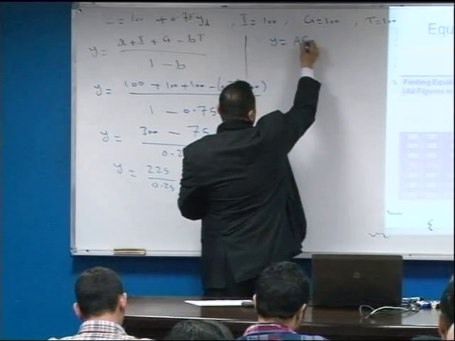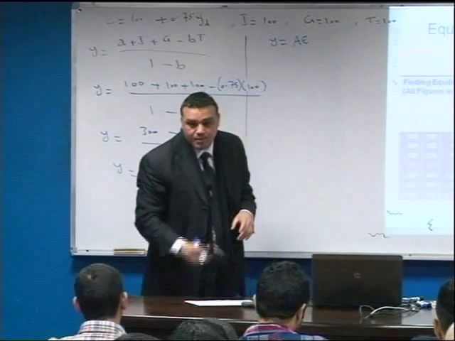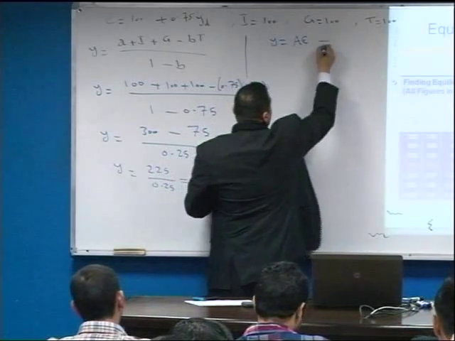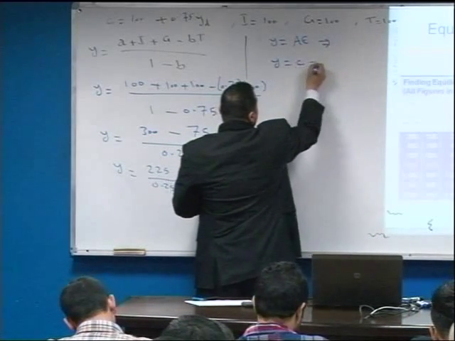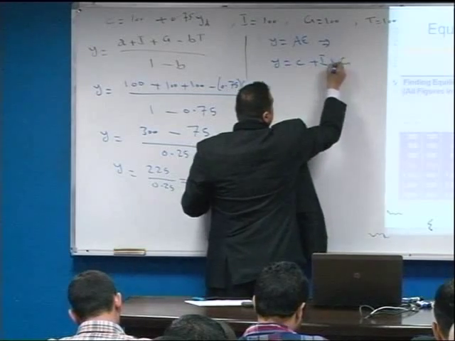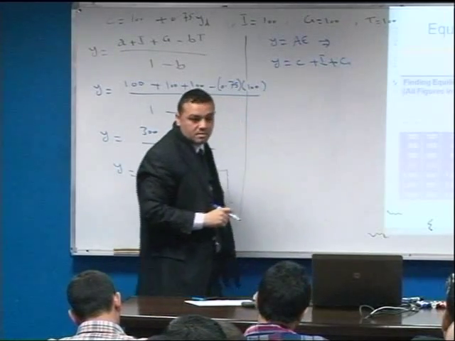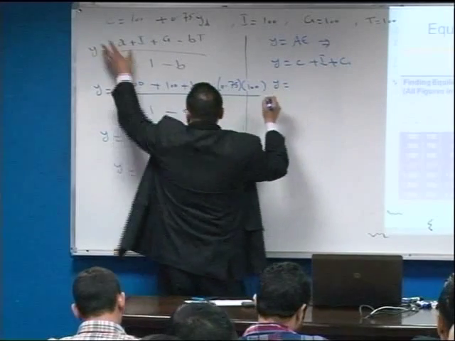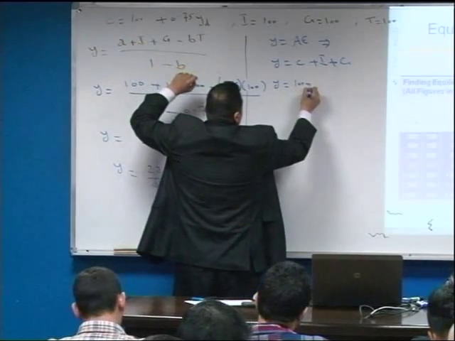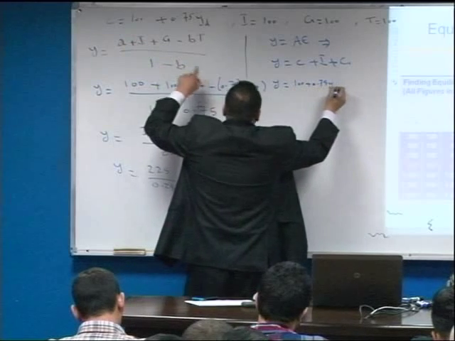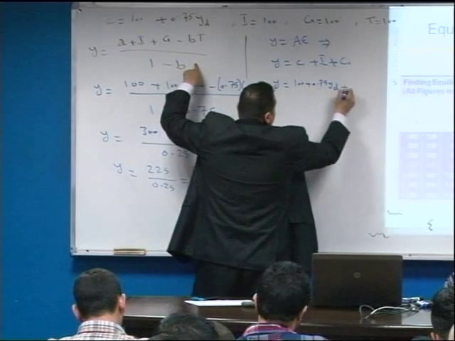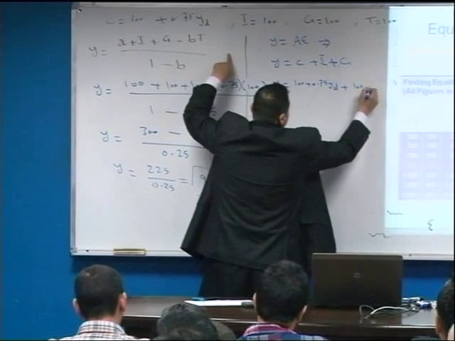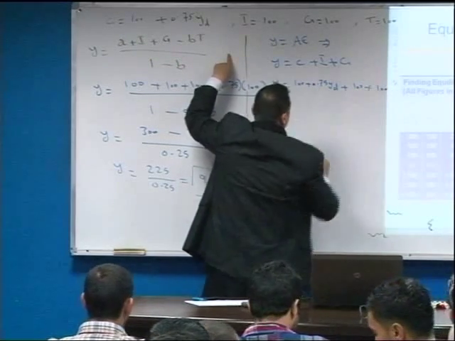Let's use the other formula. As you know, at equilibrium Y equals aggregate expenditure. Didn't we learn it like this? So Y equals C plus I plus G. Y equals C, the formula, 100 plus 0.75 YD, plus I, which is 100, plus G, 100.